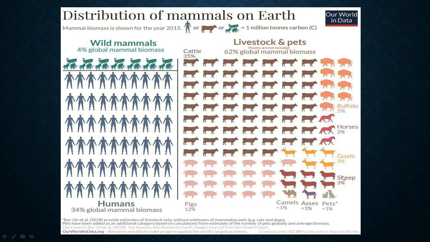Then you've got goats, sheep, pigs, camels, asses, and then pets. So when you add this up, it adds up to 100: 34 and 62 is 96, plus 4 is 100. But humans and their livestock account for 96% of all mammalian biomass as of the year 2015. It's more so now.